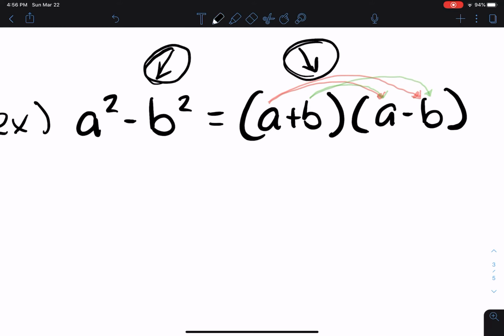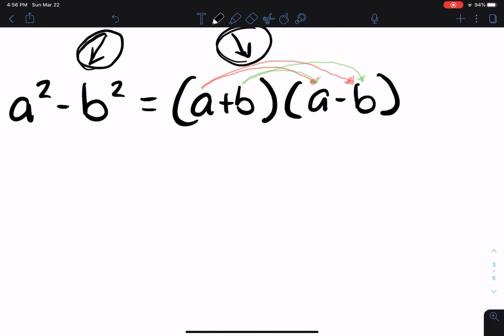Okay, so if we wanted to write these out, a times a is going to be a squared. A times negative b is going to be negative ab. B times a is, I'm just going to rewrite this in alphabetical order. B times a is ba, but it can also be flipped to be ab. And then b times negative b is negative b squared, okay?